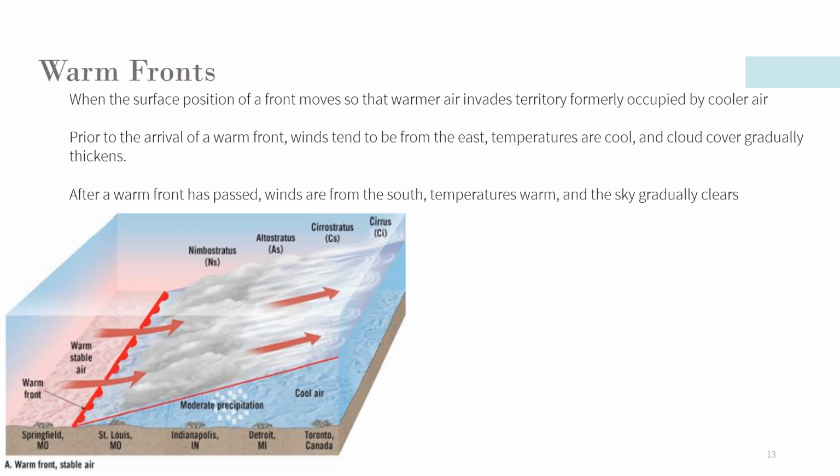This is one of the weather conditions that warm fronts may bring. Alternatively, the raindrops freeze as they pass through the layer of cold air and fall as ice pellets, what we call sleet.